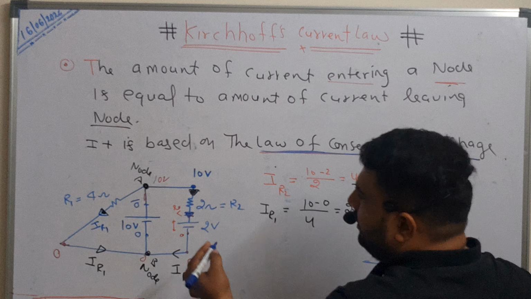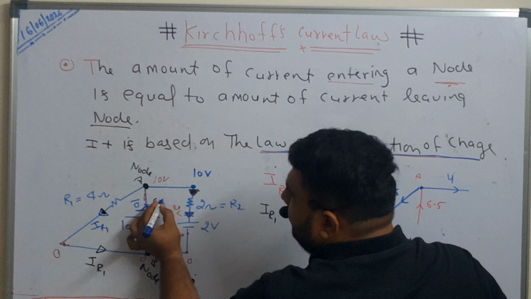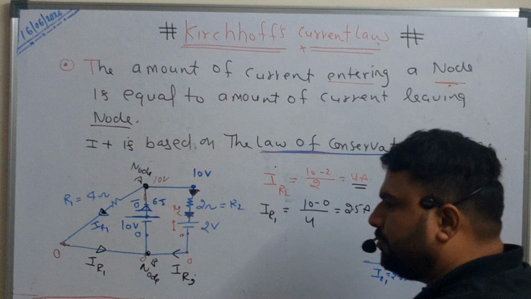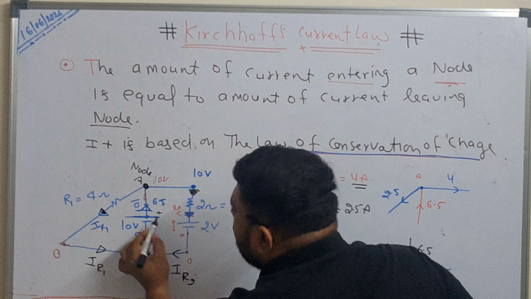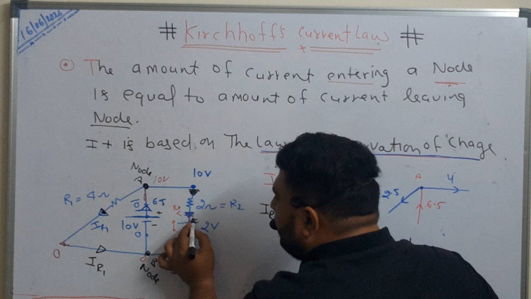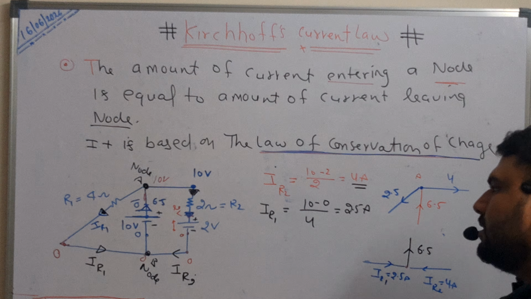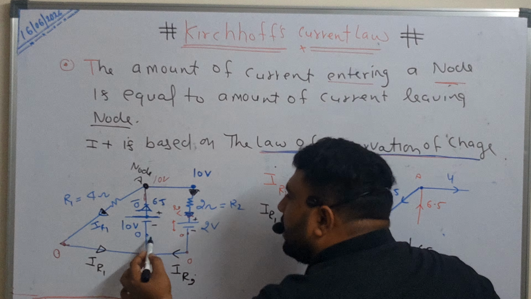Now look at this other battery. In this branch the current is 6.5, and that current leaves from the positive terminal of this battery, so this battery behaves in the discharging condition. This one is charging and consumes energy, and this one is a supplier of energy.